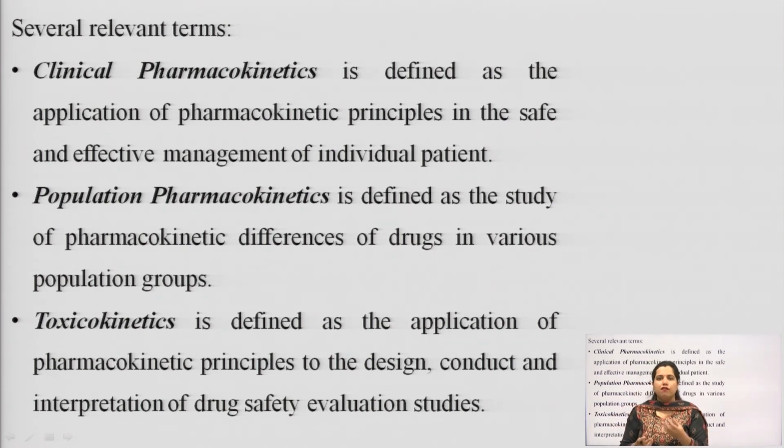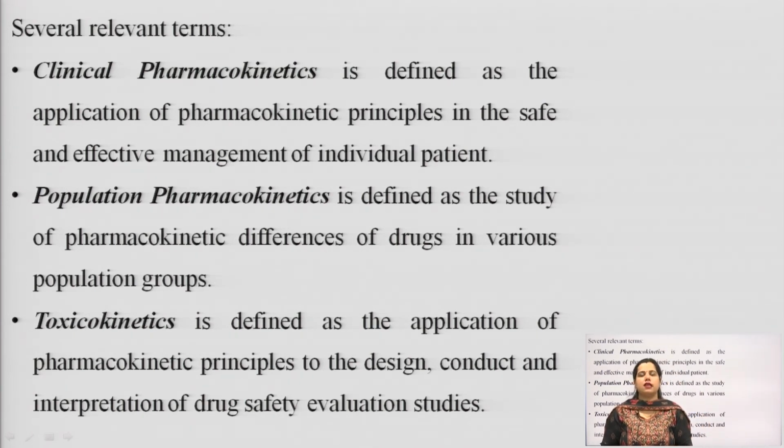So, if a particular drug is affecting one individual so much, it may be less effective in another individual due to physiological variations. The study of identifying this physiological variation comes under population pharmacokinetics.